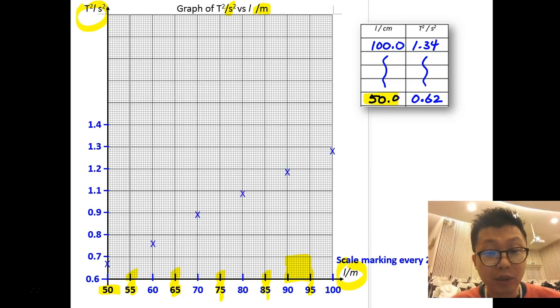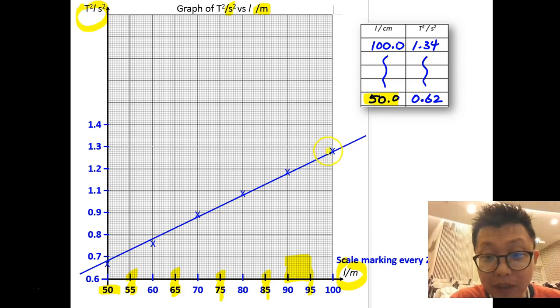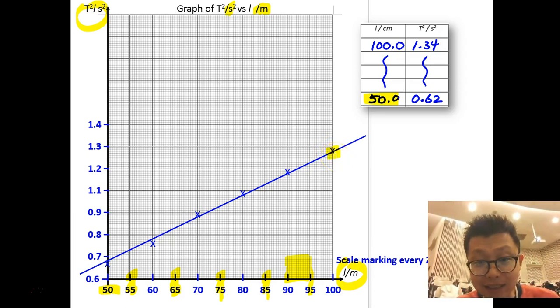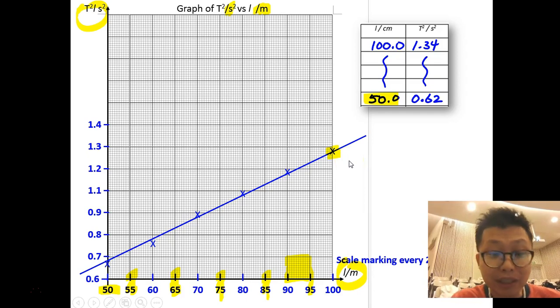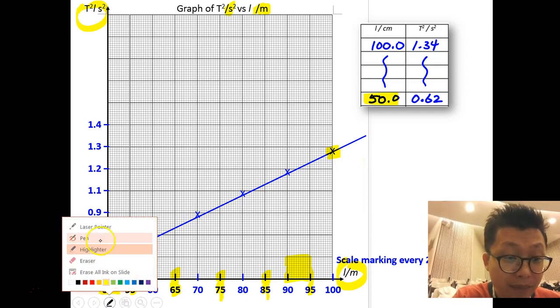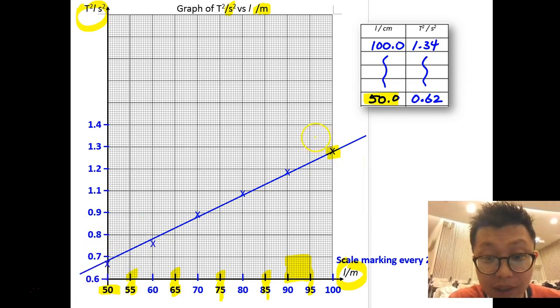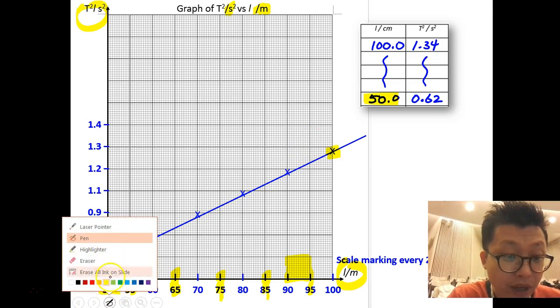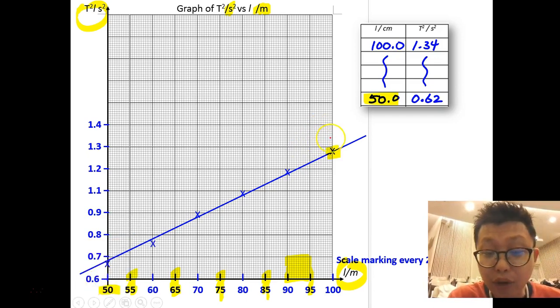Okay, so the second error is that when you are doing your best fit line, okay, some of you will have the instance whereby the data point align nicely on your best fit line, and it is very tempting for you to choose this point as your gradient for your gradient calculation. This is not allowed.